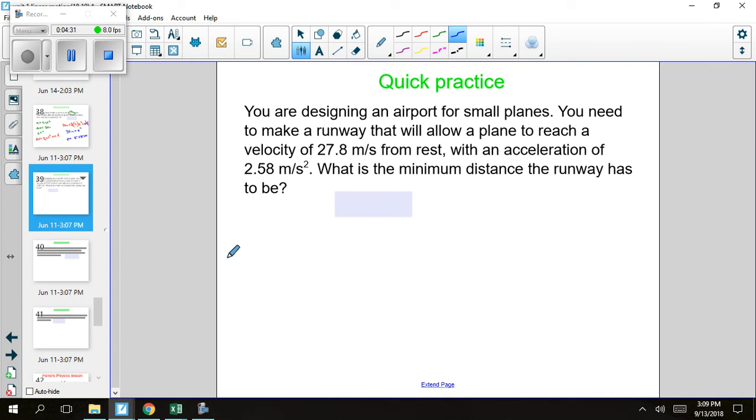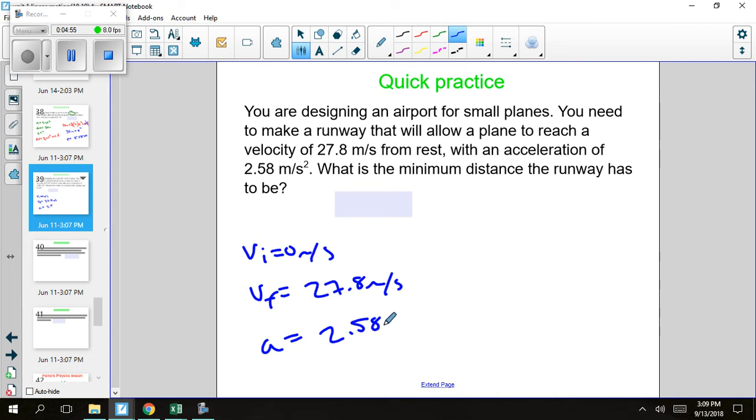Let's say you have an airport, and you are trying to design how long the runway needs to be. So you're going to accelerate from rest. So velocity initial equals 0 meters per second to a velocity of 27.8 meters per second. You're given an acceleration that your plane is going to travel at, which is 2.58 meters per second squared.